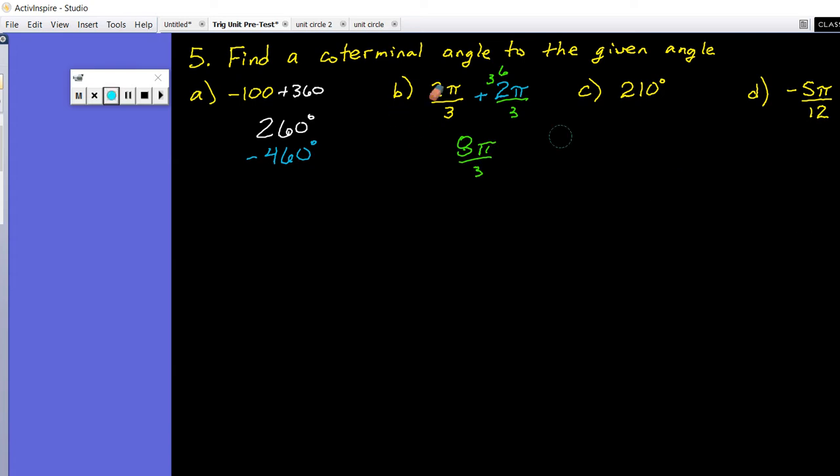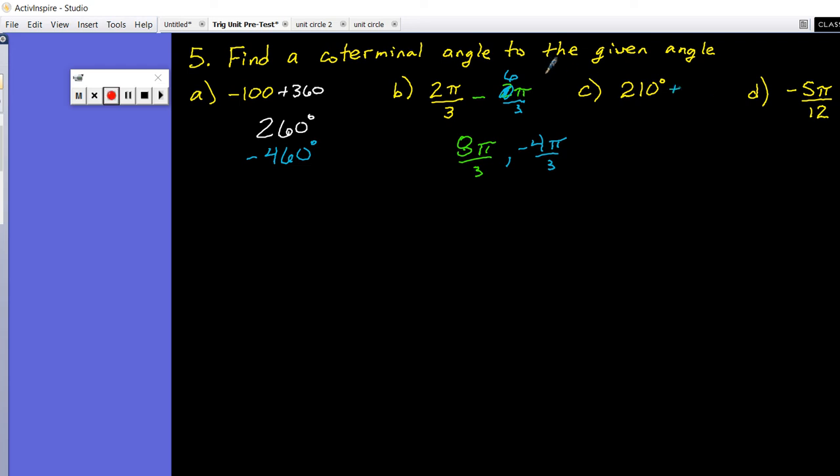You can also do this by subtracting 2 pi. So you can either add or subtract 2 pi. So I'm going to subtract 2 pi. Again, if I get common denominators, multiply that by 3, multiply the top by 3, that becomes 6. 2 minus 6 is negative 4. So negative 4 pi thirds. So either of those answers would work.